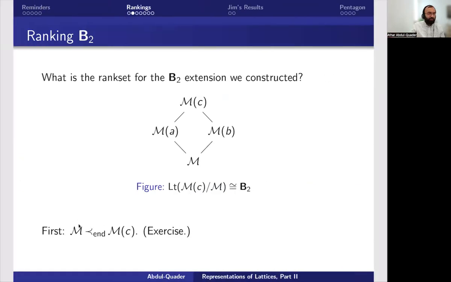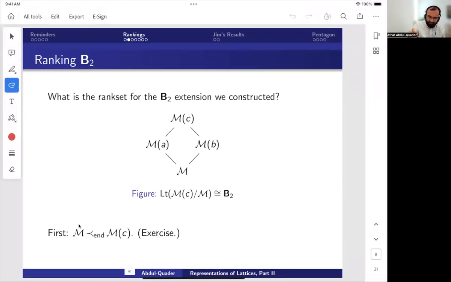And so that's what I wanted to mention today, which is what is this rank set for the extension that we constructed. We had a model M, we generated a type where C realized this type, and I didn't mention this, but we're going to let the projection on the first coordinate of C be A and the projection on the second coordinate be B, kind of suggestively.